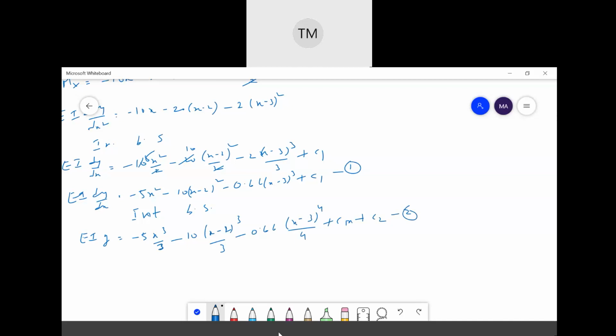This is equation 2. Then apply the boundary conditions.